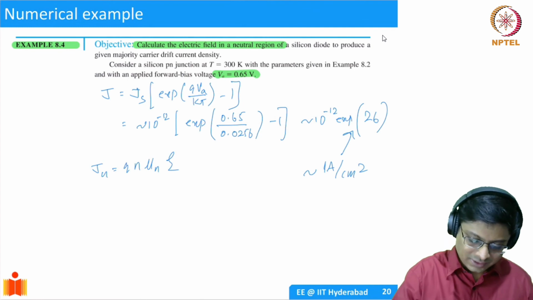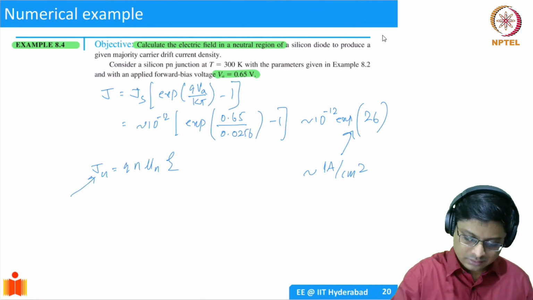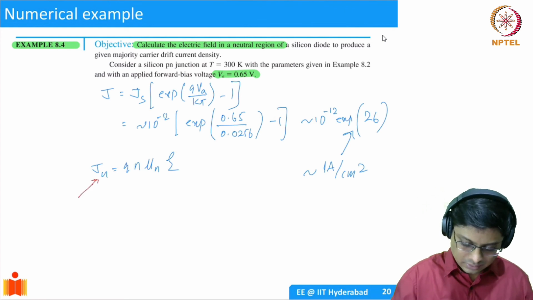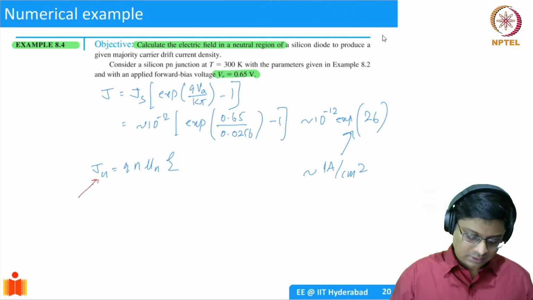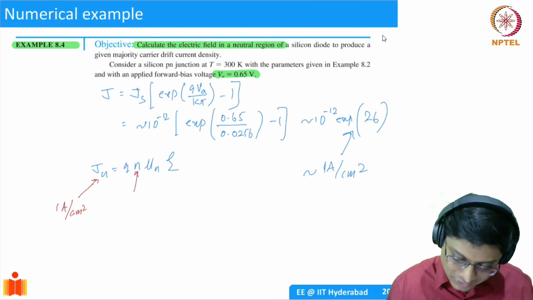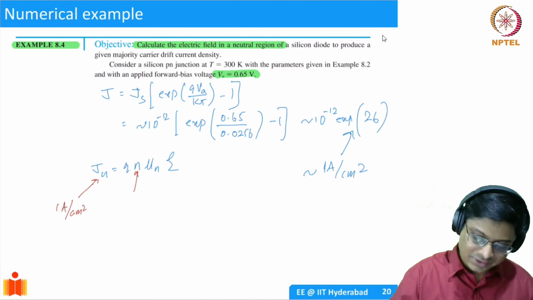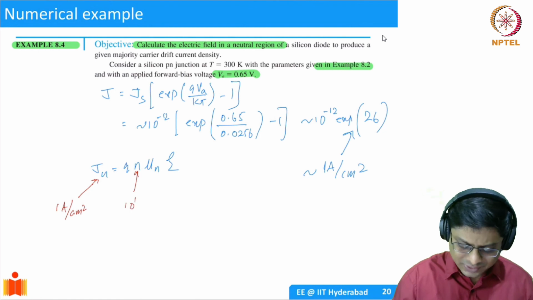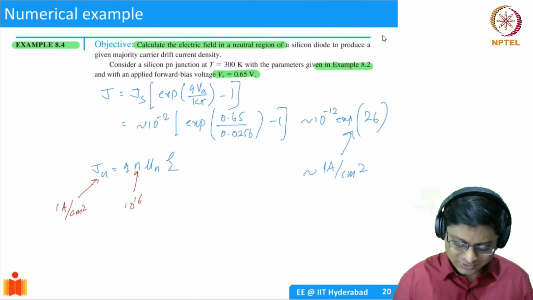So now we said this was 1 amp per centimeter square. This is given by the doping. I don't know what is the doping. Oh, well, okay. They asked you to take it from another example. You just look up. It'll be something like 10 power 15, 16, something. Approximately 10 power 16 you take.